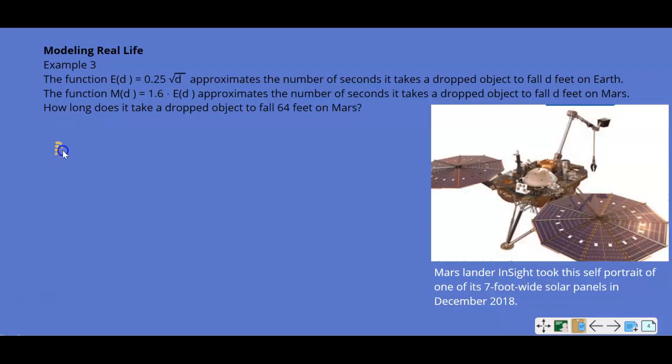So M(d) equals 1.6 times 0.25 times the square root of d. All right, and then we can multiply the 1.6 times 0.25.